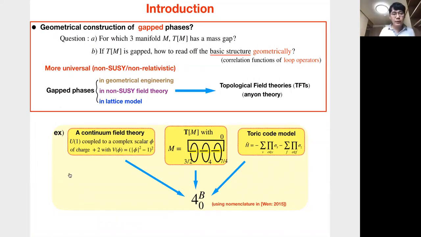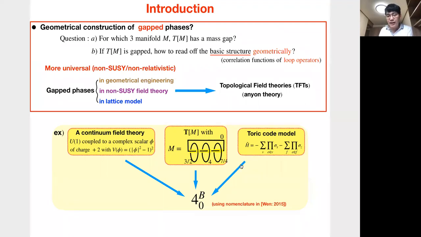Let me give you some concrete examples from my talk. The gapped phase, the so-called topological phase, can be realized in various ways. One famous example is a lattice model, defined on a 2D lattice with an explicit Hamiltonian.